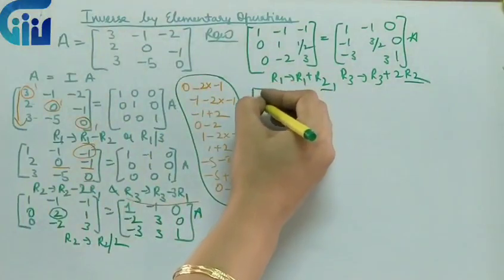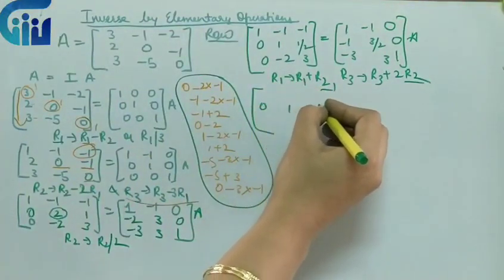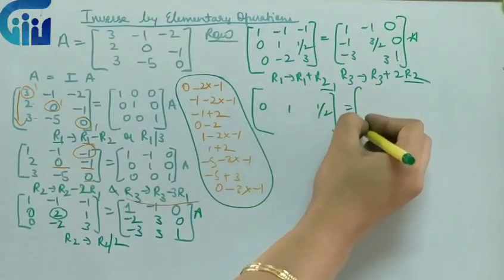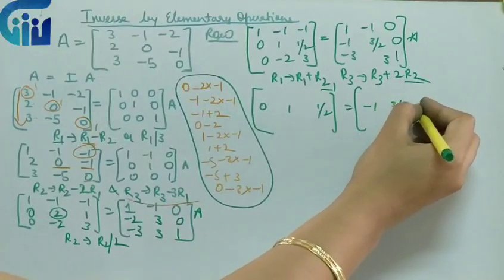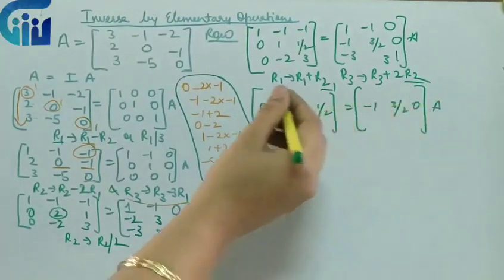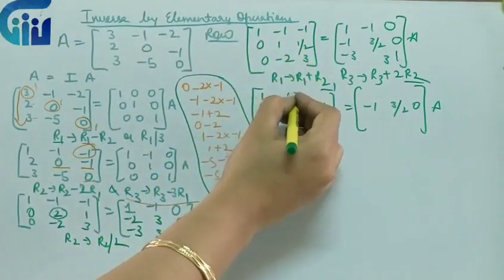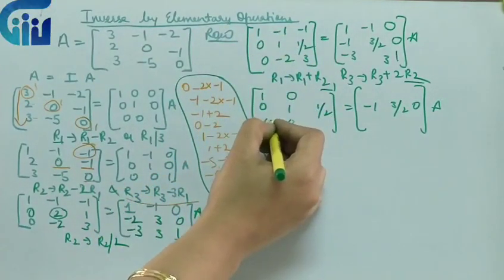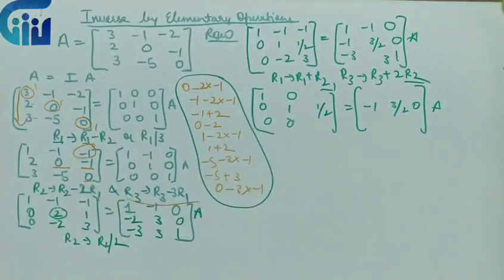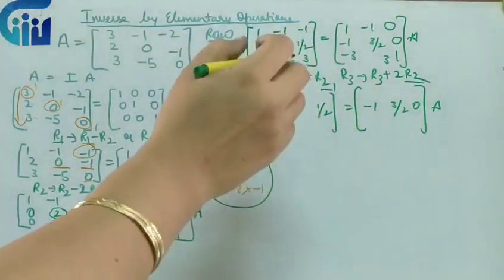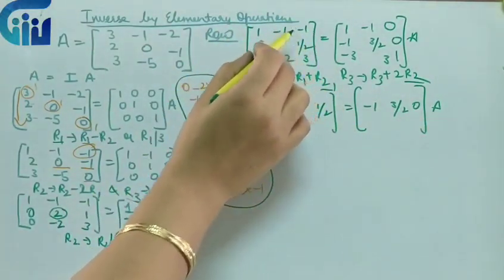So again, what I will get? I will write R2 as it is for both the sides over here. So first of all, we will do R1. This will not change. Minus 1 plus, we thought of this as 0, this also as 0. So we will quickly write that, not waste time calculating it. Then this is minus 1.